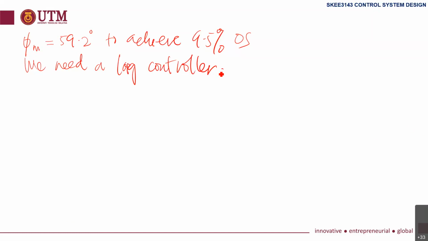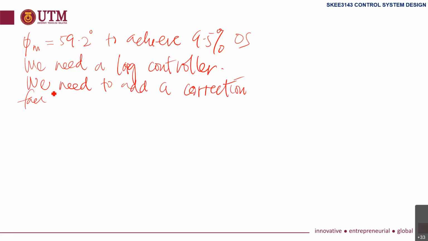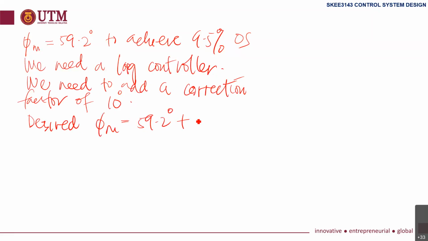Remember that we normally add a correction factor of 10 degrees. In the example, we can take 10 degrees. That means the desired phase margin is 59.2 plus 10, which is 69.2 degrees.